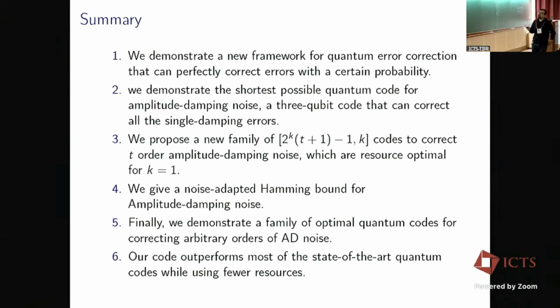We propose a new family of 2 to the power k(t+1) minus 1, k codes to encode k qubits, which is optimal for k equal to 1. We also give a noise adapted Hamming bound for amplitude damping noise. Again, we show that for k equal to 1 it is optimal, and our code outperforms most of the state-of-the-art codes in terms of fidelity, given that you are compromising on probability of success. And the resource is also fewer.